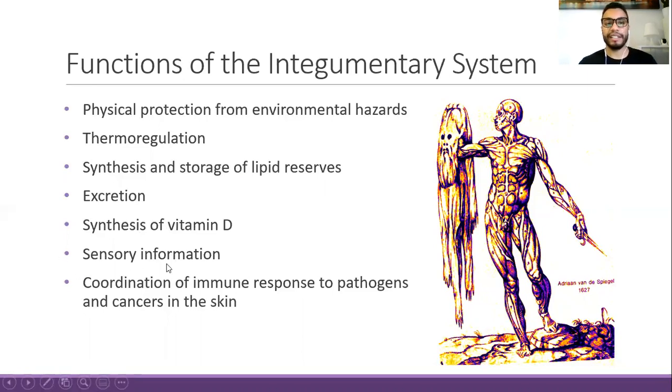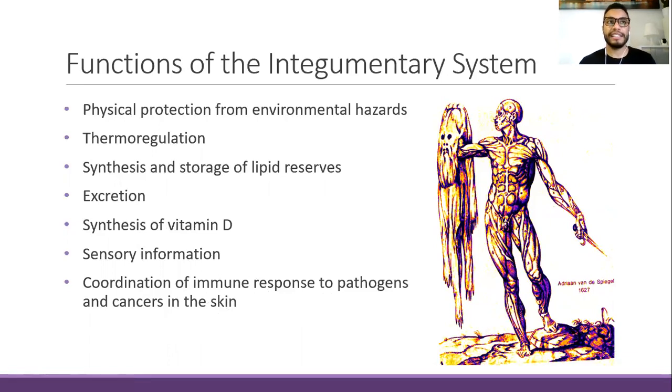So the skin is also responsible for this sensory information, and also coordination of immune responses to pathogens and cancers in the skin. We have immune cells that act to protect our skin.